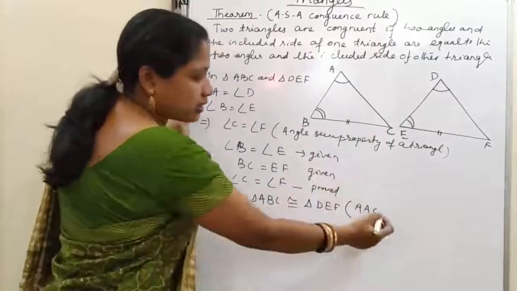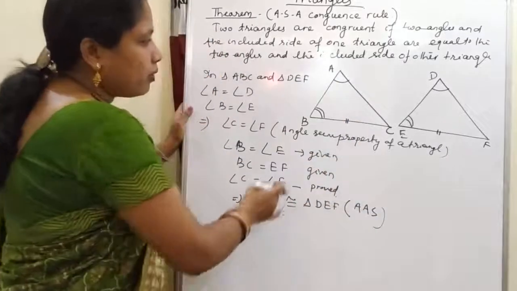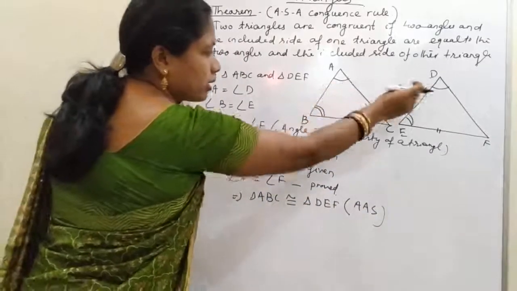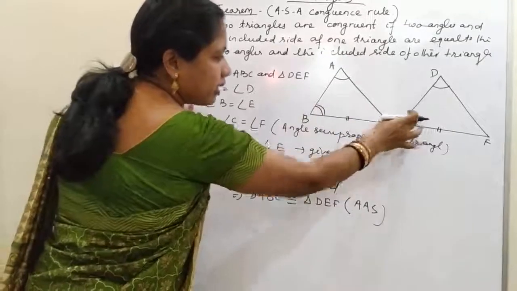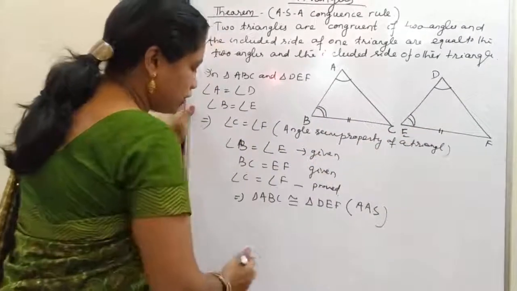So what is given before? Angle A is equal to angle D, angle B is equal to angle E, and BC is equal to EF.